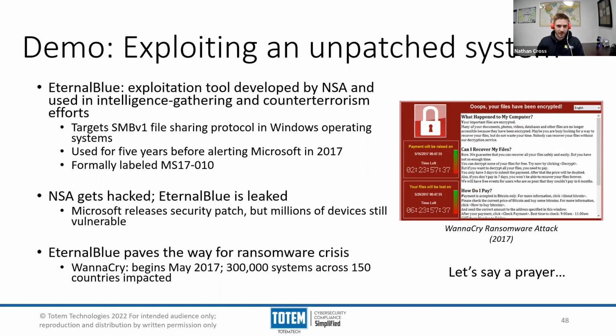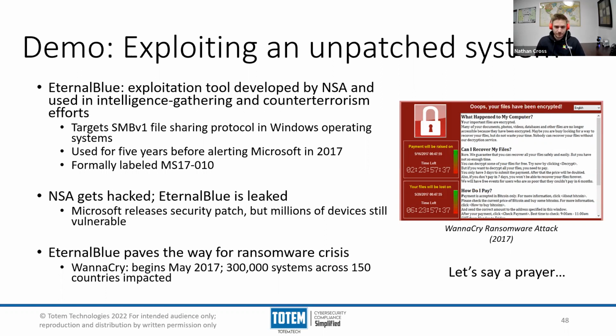Eventually, like 300,000 systems in over 150 countries were impacted in total. I think millions, probably billions, I don't actually know the number, of dollars in Bitcoin were forked over to adversaries because this is what they demanded in exchange for the files which they would encrypt.